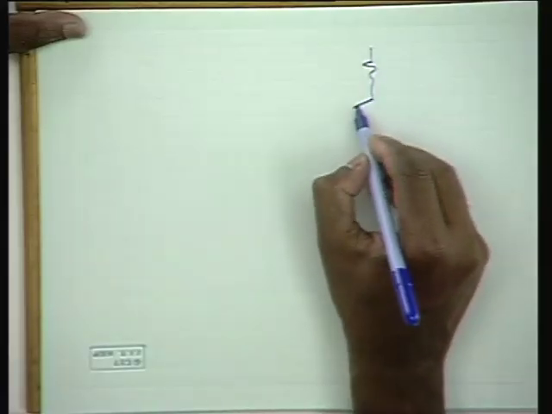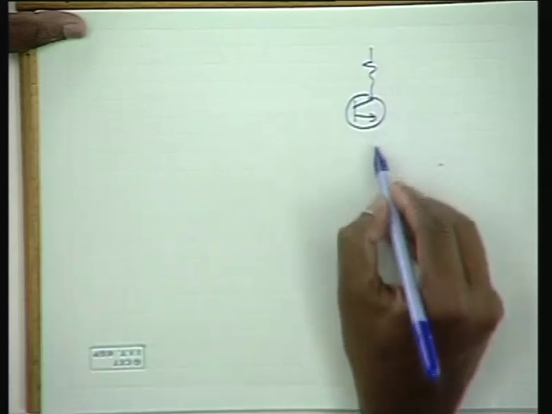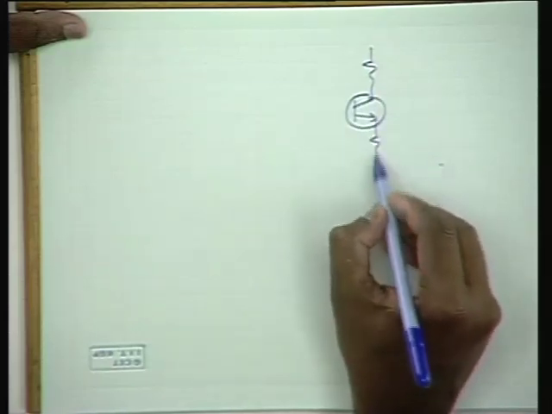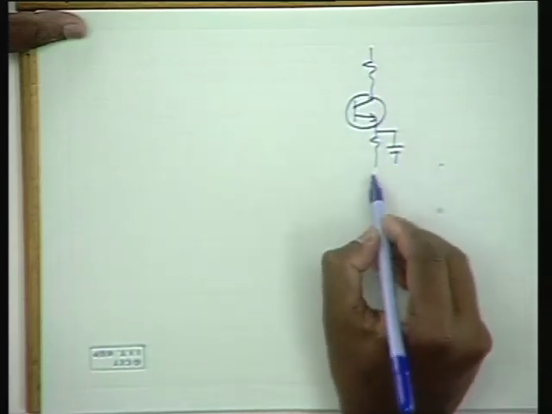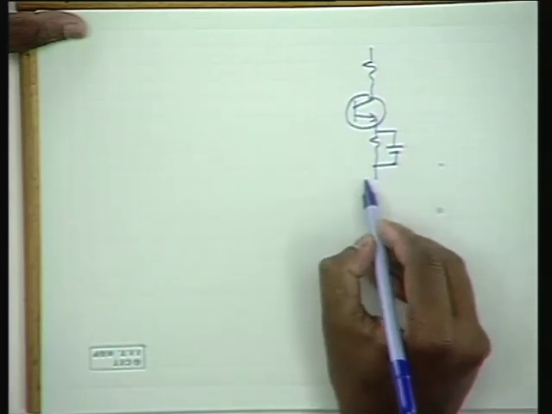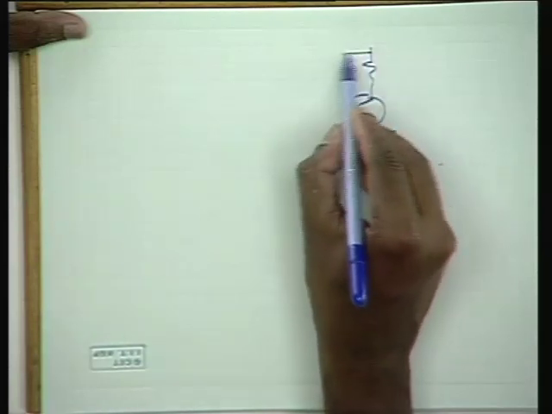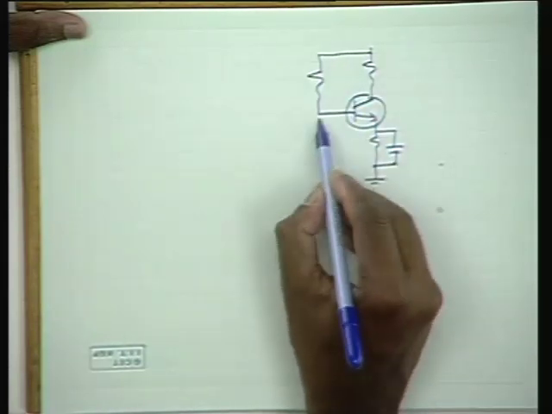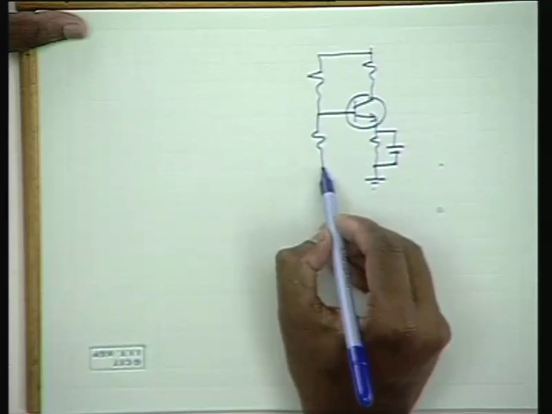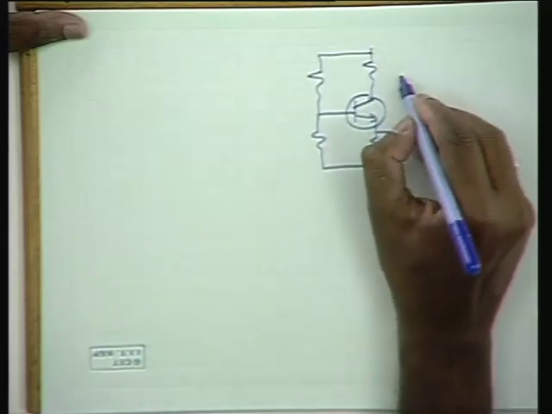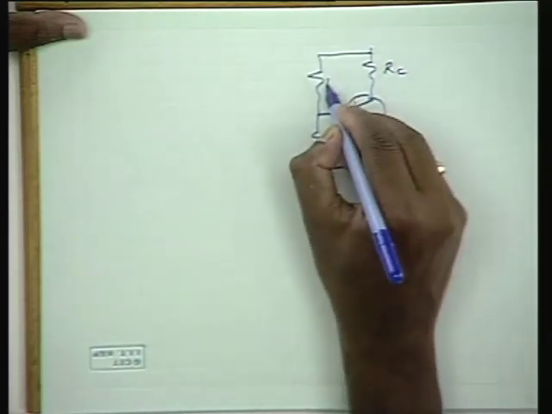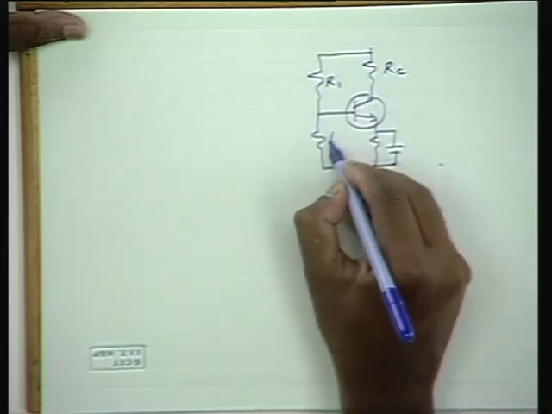Now, I will give you an example of a transistor circuit. So, if we use a common emitter amplifier and the gain has to be large, hence you have to use a bypass capacitor here, and the amplifier circuit I am using here is with self bias.